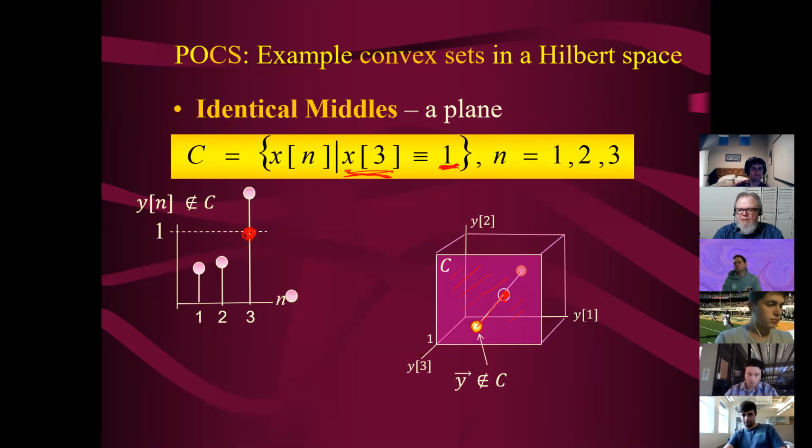The point on the plane which is the projection of this point onto the convex set is the closest point in the plane. If you're external to a plane and you want to find the closest point in the plane, you just drop an orthogonal projection, right? And that's exactly what we've done.